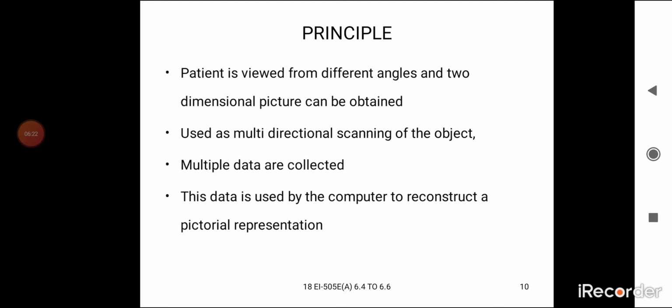This data is used by the computer to reconstruct a pictorial representation.